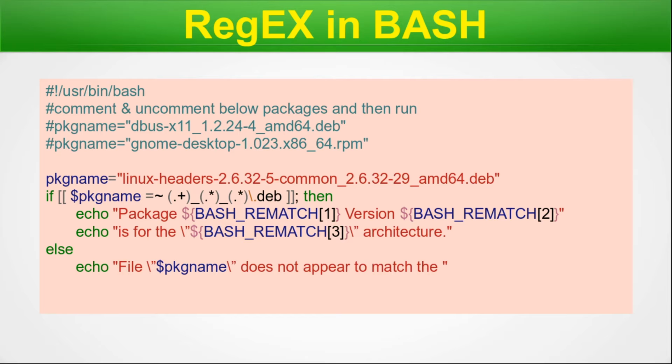So you try out with the three different package names mentioned here, and you will see how the result comes. So the other echo is the standard deb naming convention, okay. So the total echo will be: file name does not appear to match the standard .deb naming convention. So here we are checking the .deb naming convention, okay, and we close it with fi.